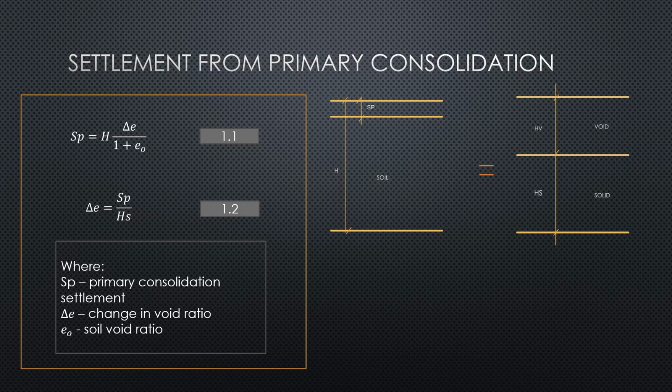Okay, so we will be using this formula in the example later. And again, delta e is equal to SP over HS. You can see that in the figure.